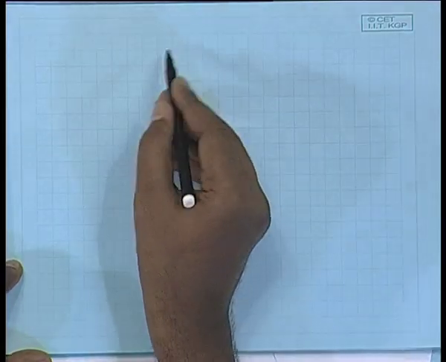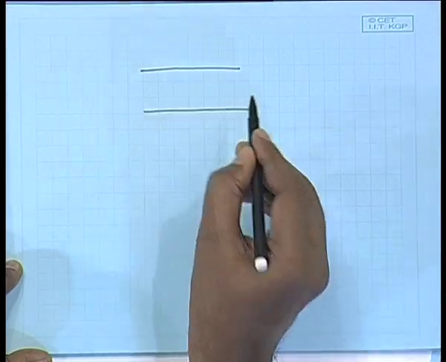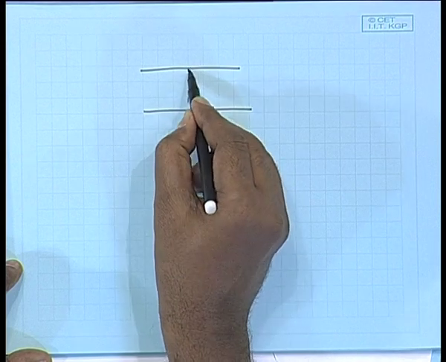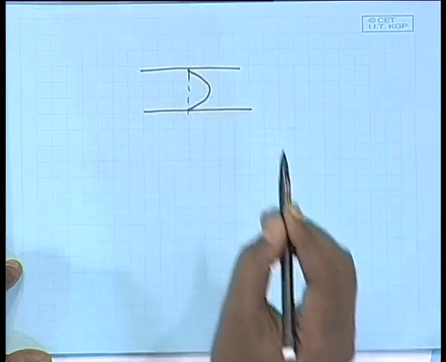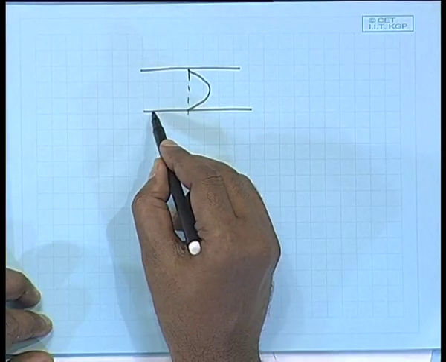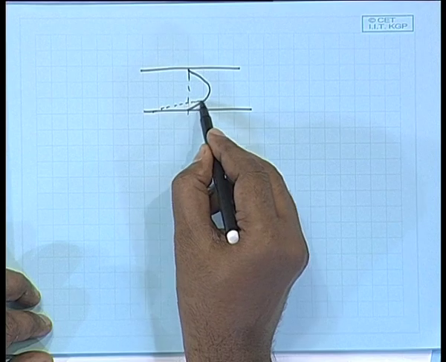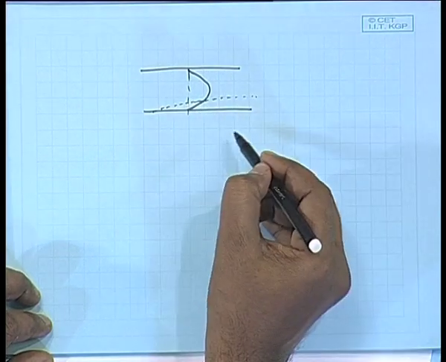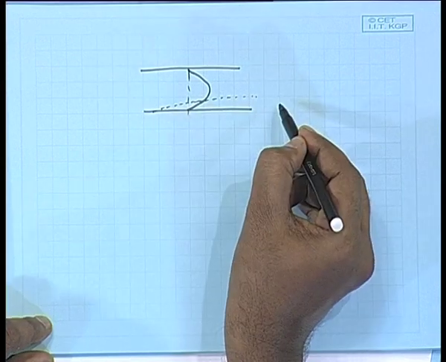The x component velocity profile will look something like this. I am just exploding the diagram. This will be the parabolic velocity profile, okay. And we are talking about the mass transfer boundary layer something like this. So, our governing equation is valid within this region.